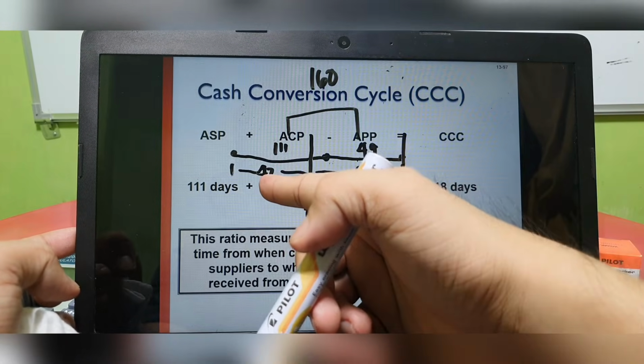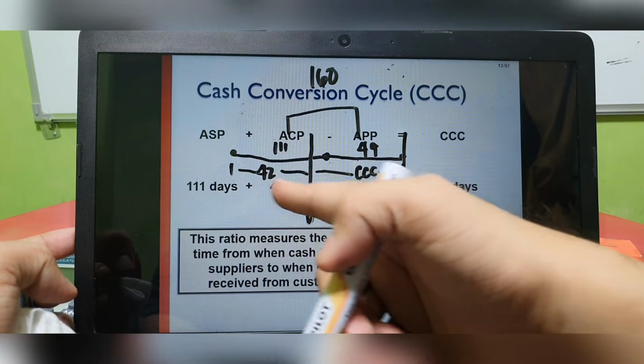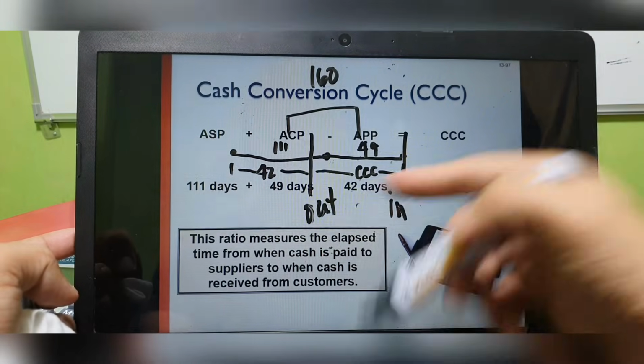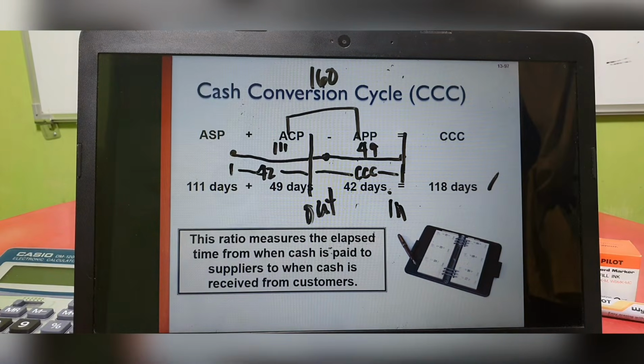Tapos ito ay 42 days. Kaya nga, 111 plus 49 minus 42 days, that would give us 118 days na cash conversion cycle. Ibig sabihin, nilabas mo yung cash mo ngayon, after 118 days, babalik na sa'yo yung cash. Alright, so that is your cash conversion cycle.